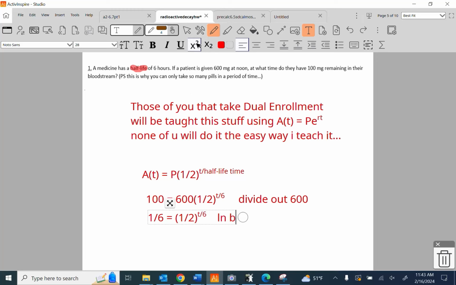I'm going to ln both sides because that's the technique we're going to use. ln of 1 over 6 is equal to the ln of 1/2 with an exponent of t over 6. I'm going to follow the property that says exponents in front.